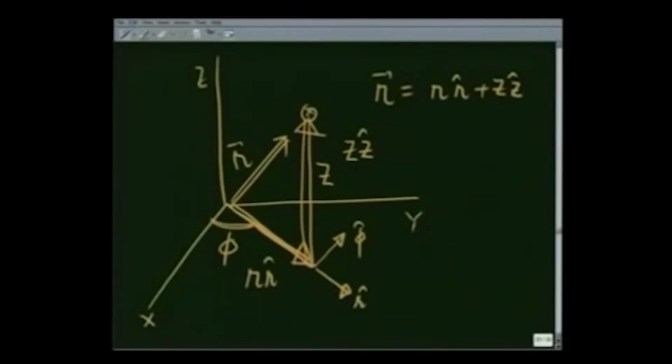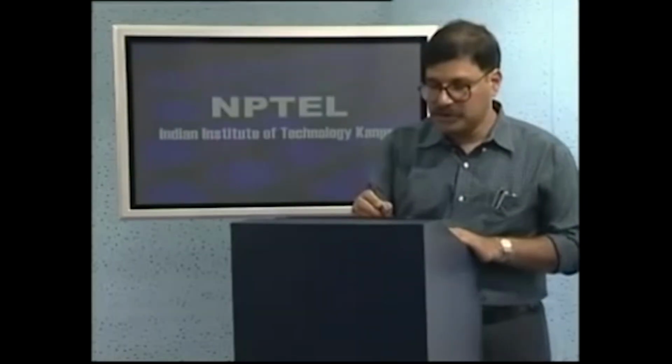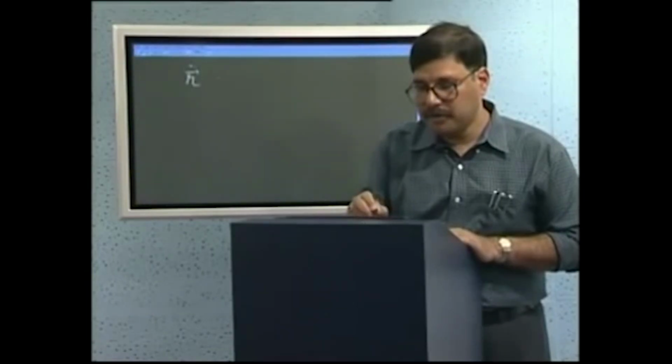How about the velocity of the particle? Again, it is very simple in this case, because the motion in the xy plane is being given by the planar polar coordinates and the z direction is fixed. So, therefore, r dot, the velocity, is going to be equal to d by dt of r plus z.